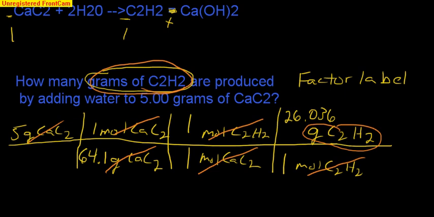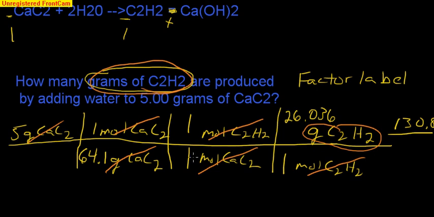So in order to get your answer, all you have to do is take everything that's on top and multiply it together. So I'm going to take 5 times 1 times 1 times 26.036. When I take 5 times 26.036, I end up with 130.8.